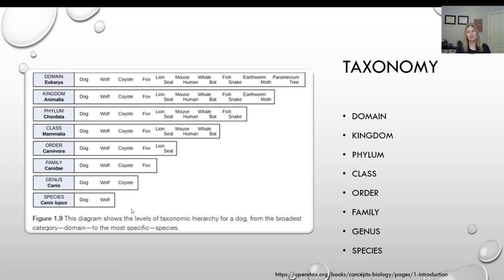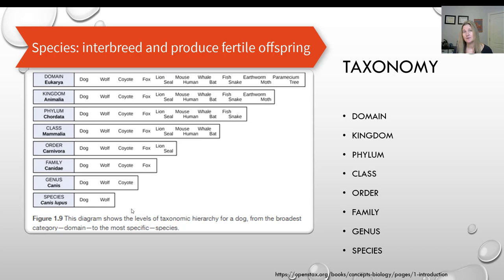The classification of a species, by the way, in general terms, is basically a group of individuals that have the ability to interbreed and produce fertile offspring. Now that definition of species has some holes in it, and we can talk about that later when we get into evolution and diversity of life.